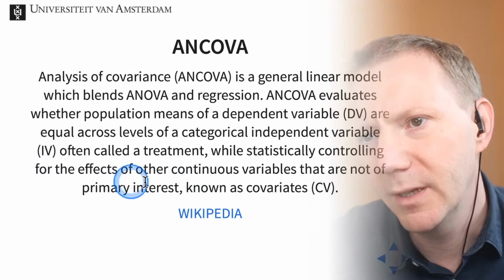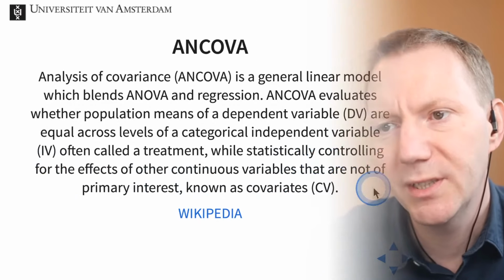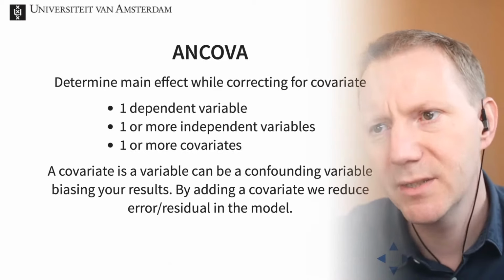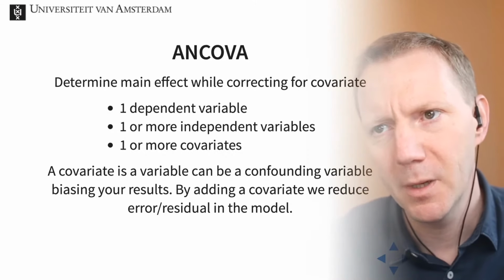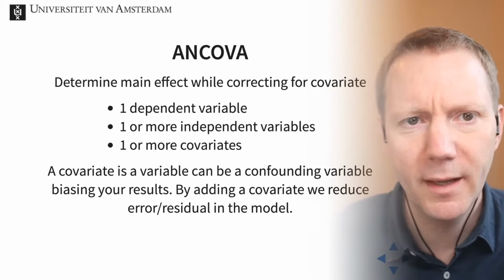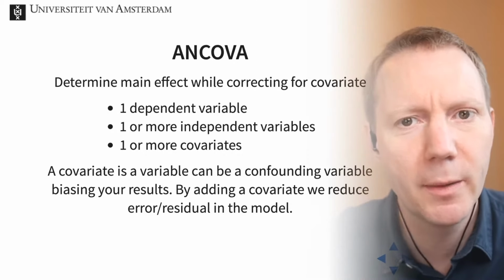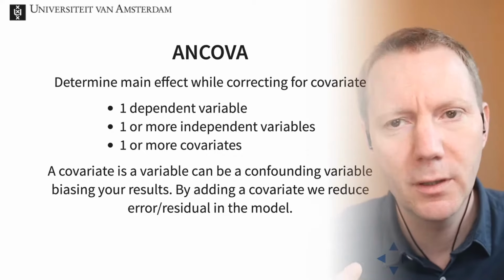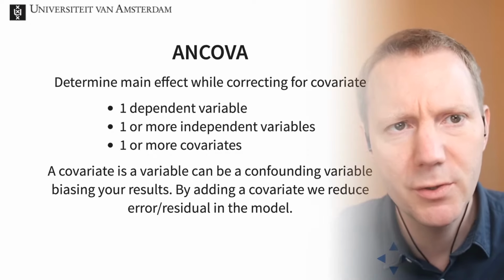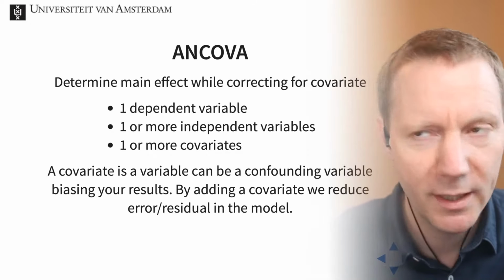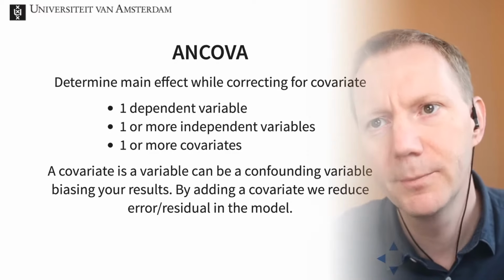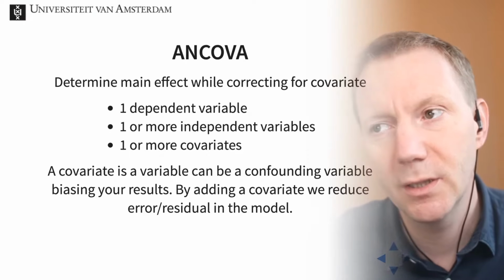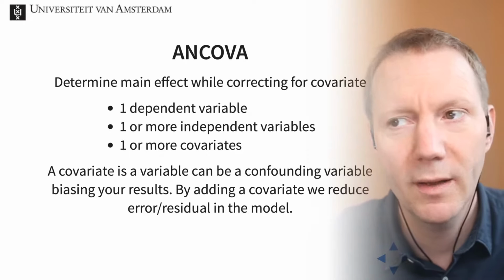I've written it down here again, where you're statistically controlling for that effect. One of the things that you have to recognize is that within the ANCOVA design, as we apply it in SPSS, that covariate, as I will cover today, is a continuous variable. We have one or more independent variables that could have two or more levels.